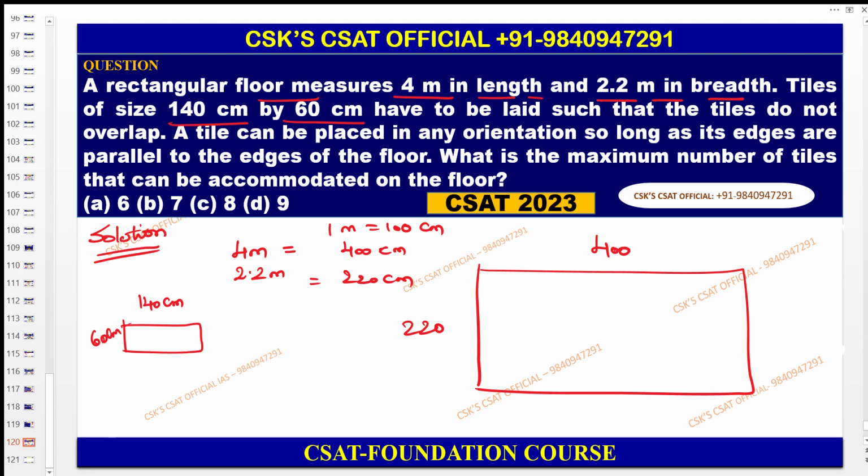This is the tile size. How many maximum tiles can be put in this? Now listen very carefully. You can do this problem by two methods, either by arranging row wise or by arranging column wise.